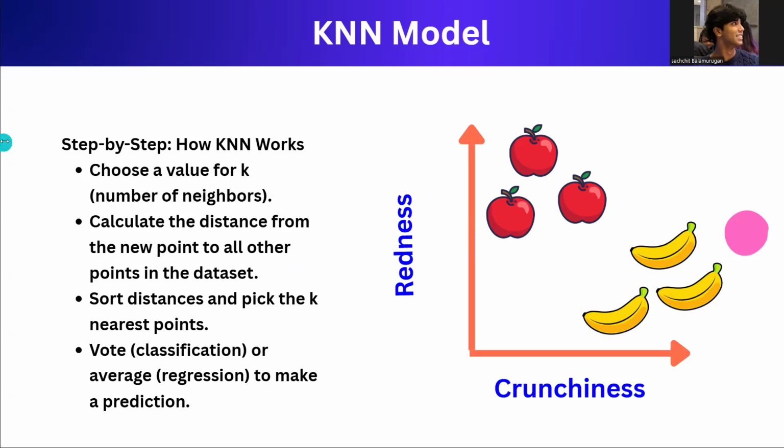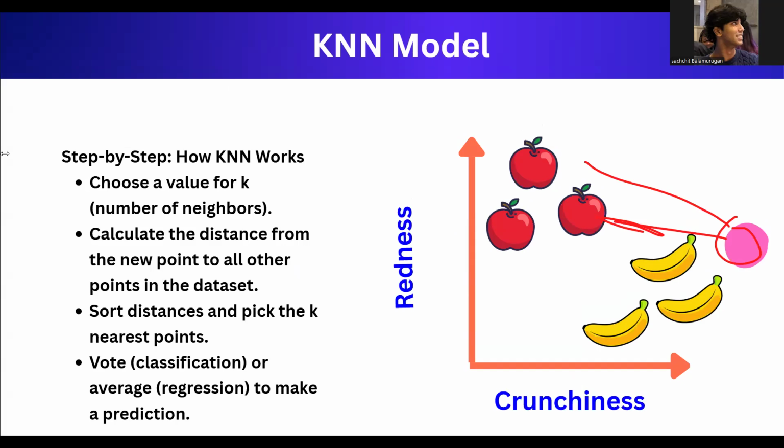So basically what I was showing before, we need to calculate the distances between each of the points here. Then we have to sort the distances and pick the K nearest points. And then finally, we do a voting system using classification, or an average system using regression, to make the prediction over here. Okay.